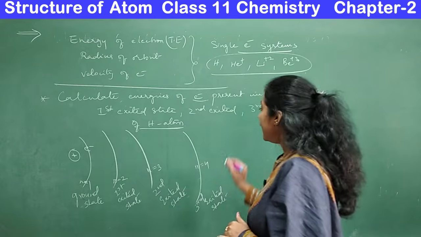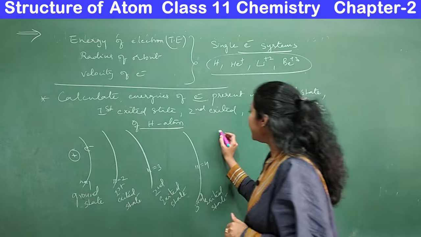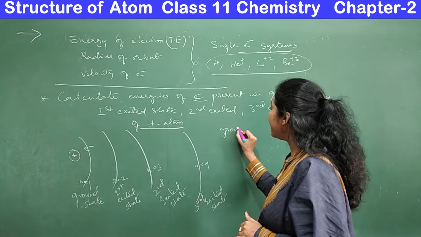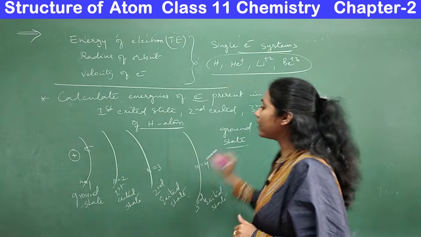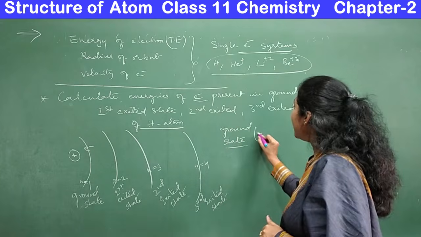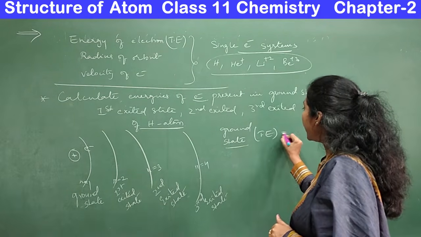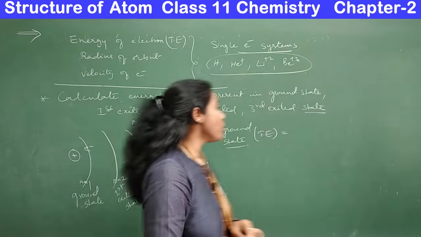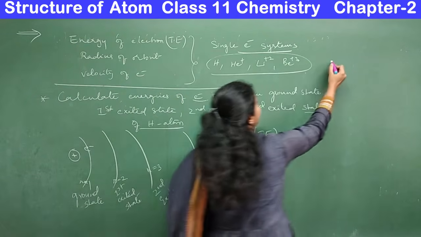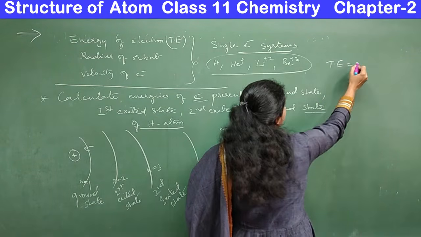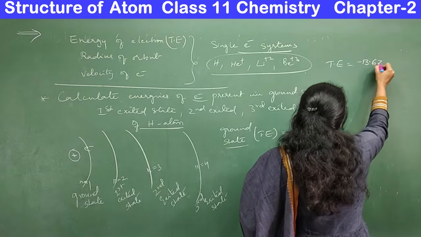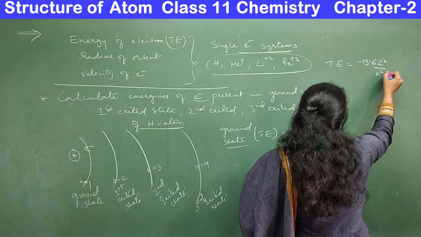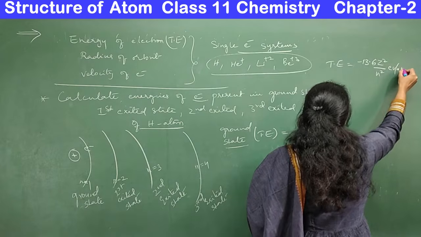Now we are calculating the ground state energy. If the electron is present in the ground state, what is the total energy? What is the formula you will use to calculate total energy? You have the formula minus 13.6 Z square by n square electron volt per atom.